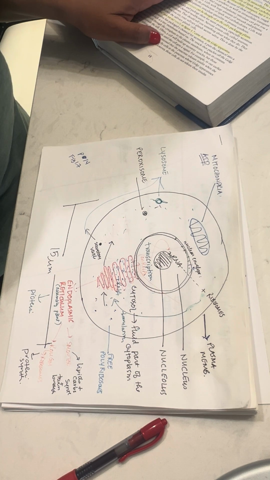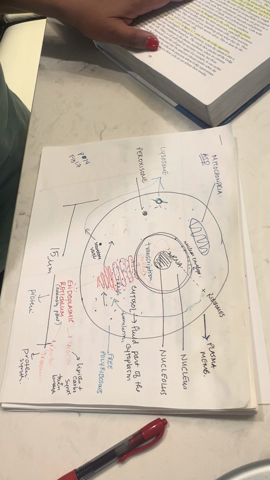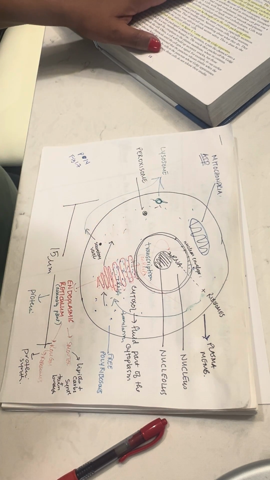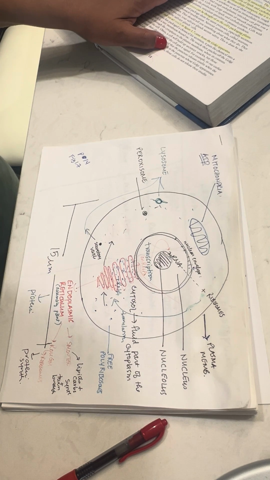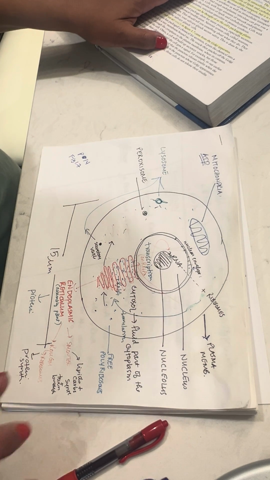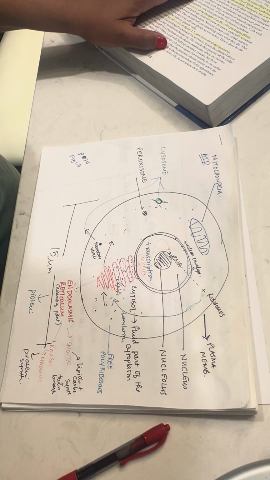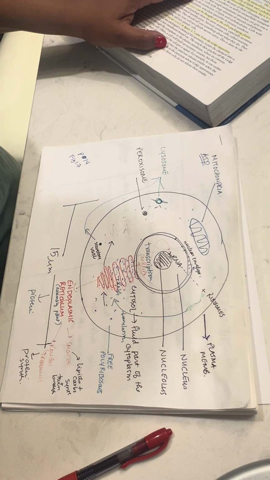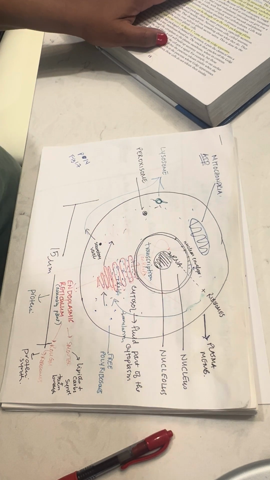Now, the smooth endoplasmic reticulum allows for intracellular transport, okay, within the cell. It also produces lipids and carbohydrates. So with smooth, you can think of fat cells, which are known as lipids. Any fat cell is known as a lipid, and carbohydrates.